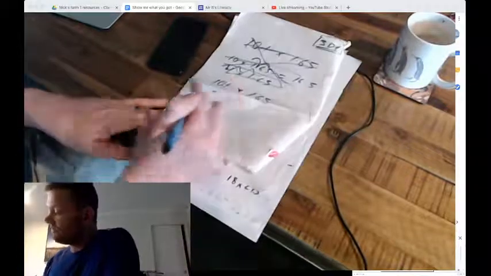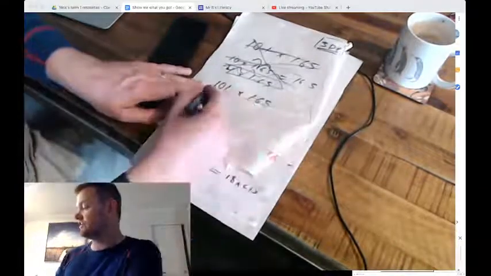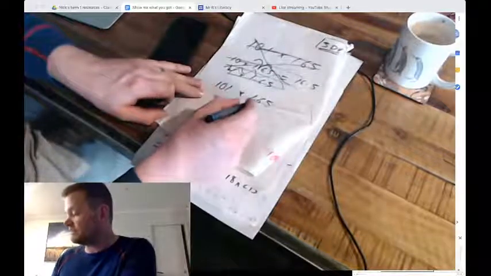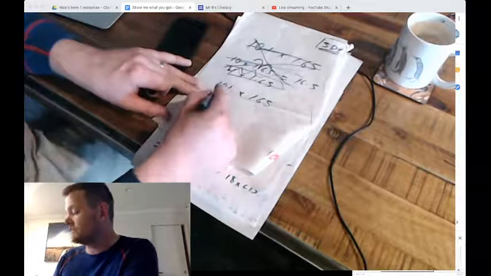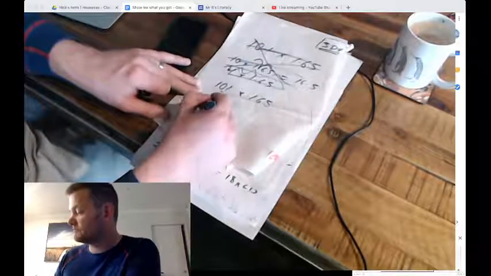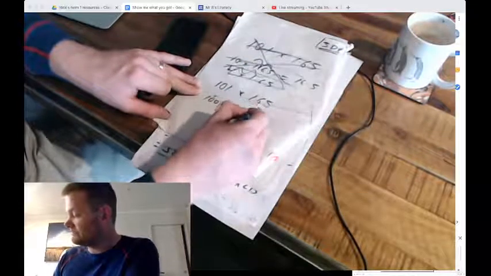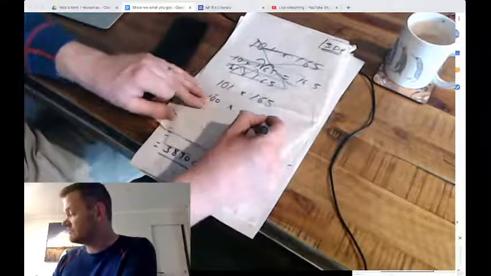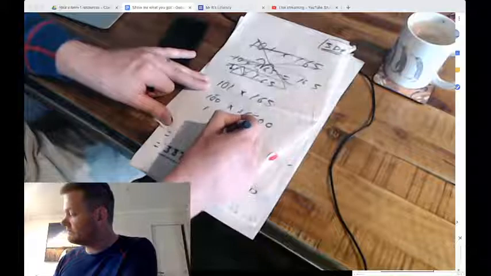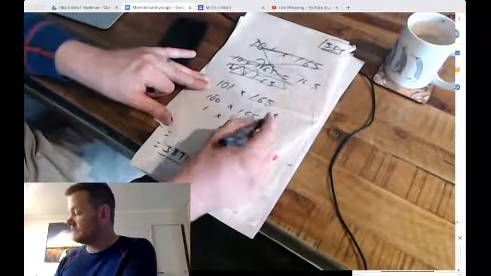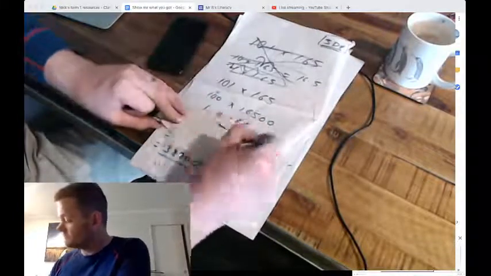So what you're going to do is treat this like place value: 100 times 165, because you can only modify one number on place value. So 100 times 165 is easy. You just add those two zeros. And then 1 times 165 equals 165. And you add those two numbers together.